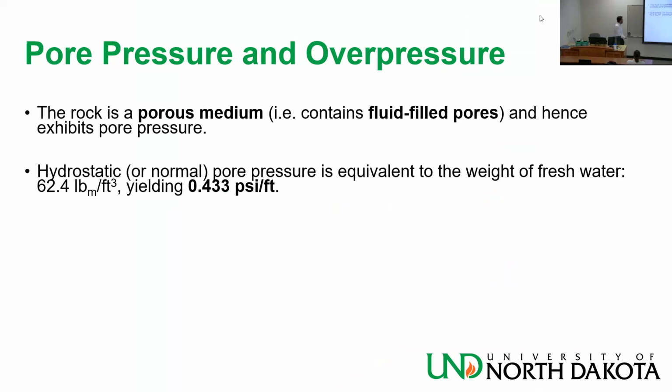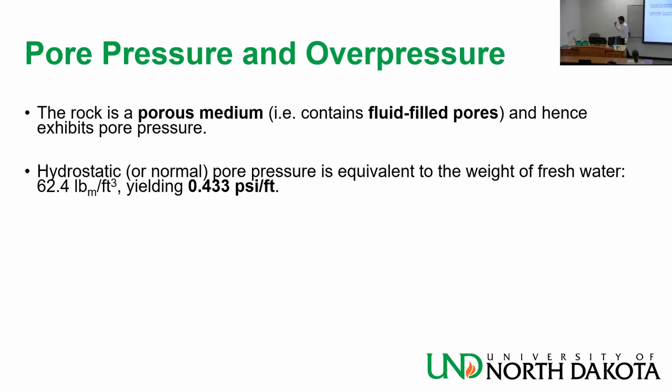Okay, for reference, the hydrostatic pressure, also known as normal pore pressure, is that of fresh water. So you take fresh water, it has a density of 62.4 pound mass per cubic feet, and it translates to 0.433 psi per foot.